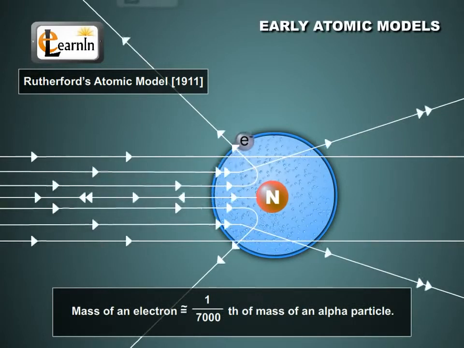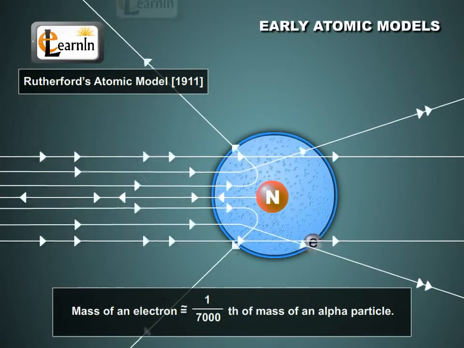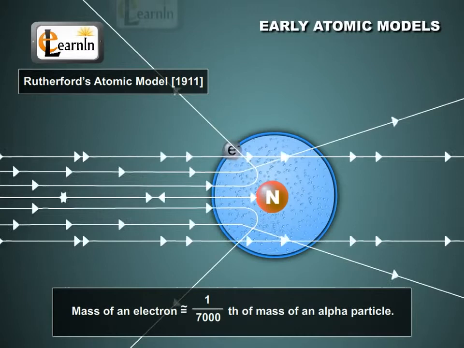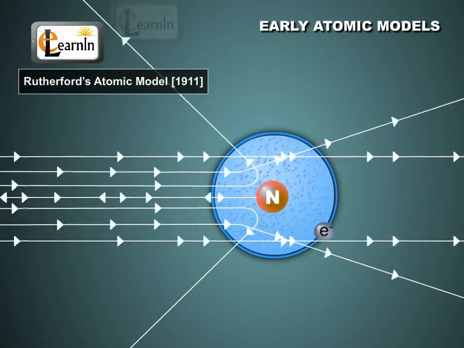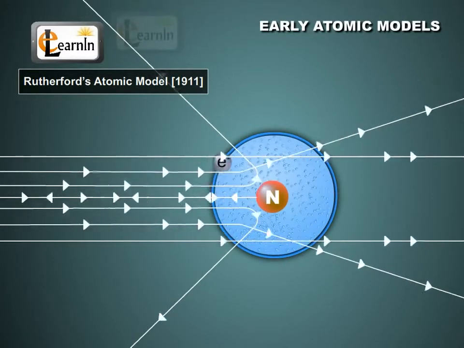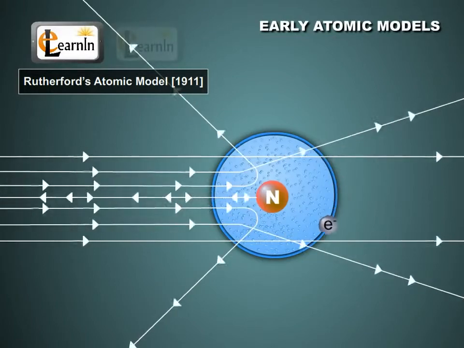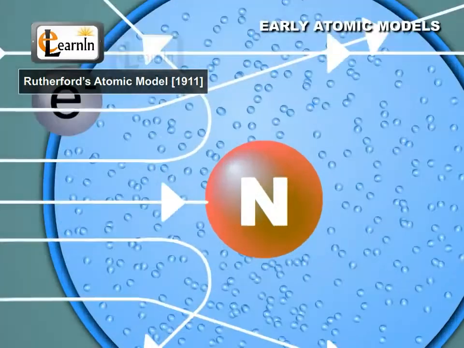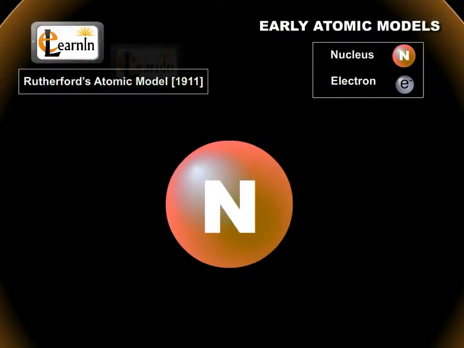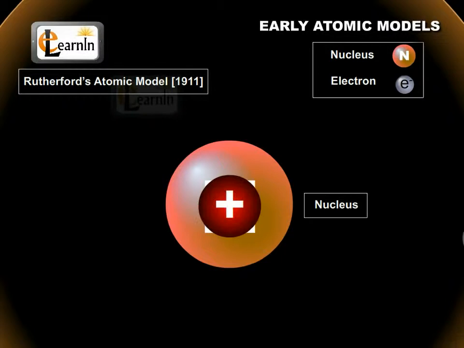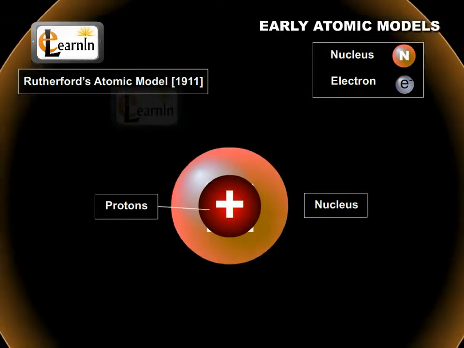Because the mass of an electron is only about 1/7000th the mass of an alpha particle, the effect of the presence of electrons inside the atom on the deflection of the alpha particles can be safely ignored. From his experiments, Rutherford proposed an atomic model consisting of a central, massive, positively charged nucleus made up of particles called protons.